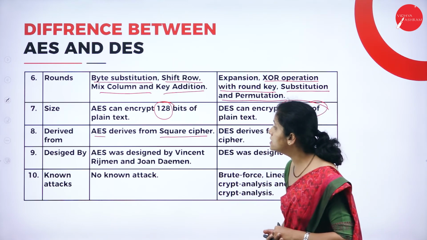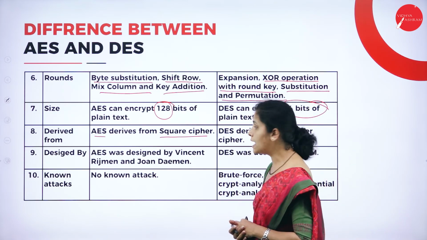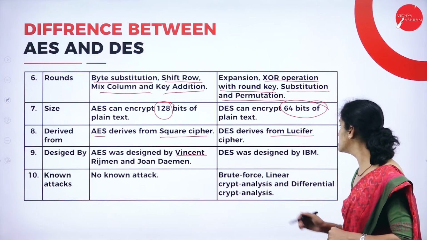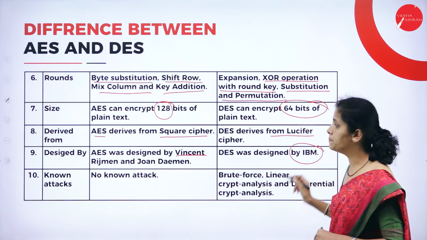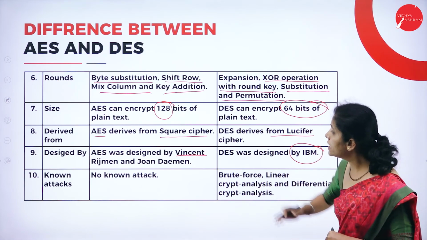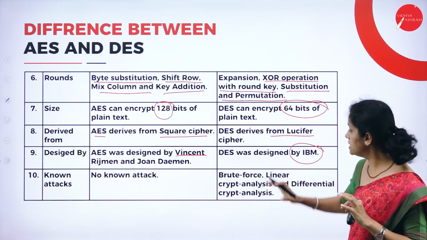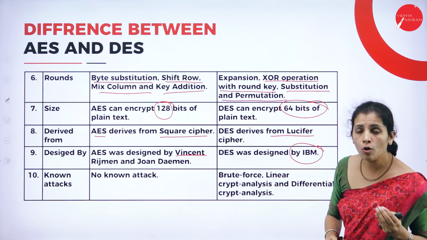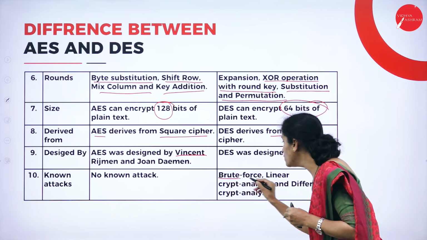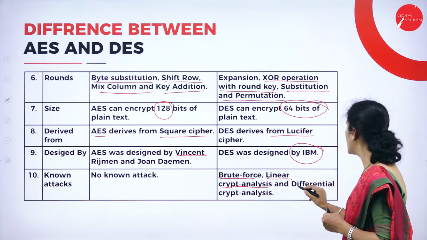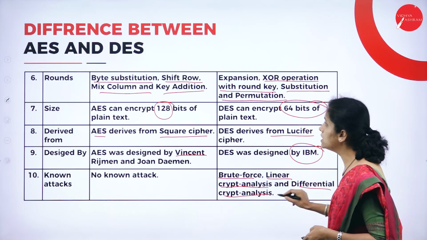AES was designed by Vincent, whereas DES was designed by IBM. For AES, there is no known attack. And for DES, the most common attacks are brute force attack, linear cryptanalysis and differential cryptanalysis.